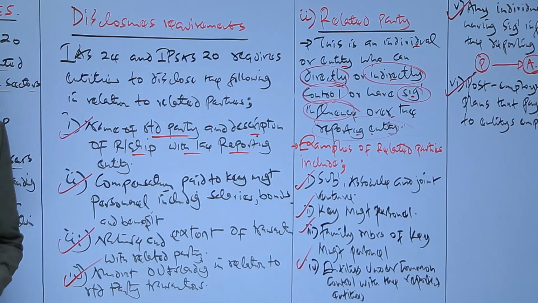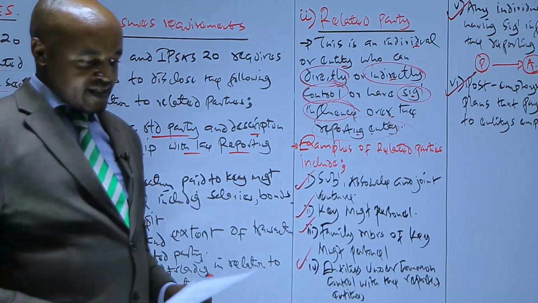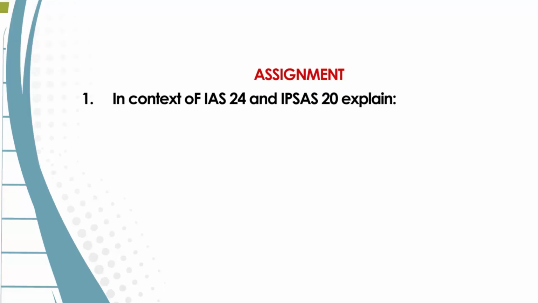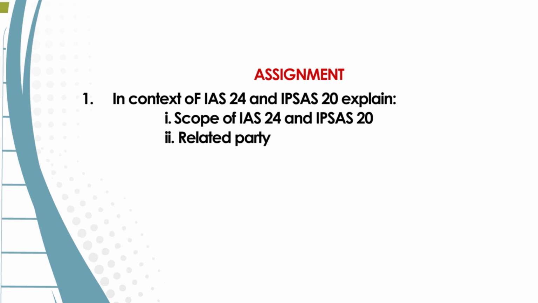Before we wind up, I want to give some assignment, and it reads: Question 1. In the context of International Accounting Standard number 24 and IPSAS 20, explain: number 1, the scope of IAS 24 and IPSAS 20; number 2, related party; number 3, related party transaction.